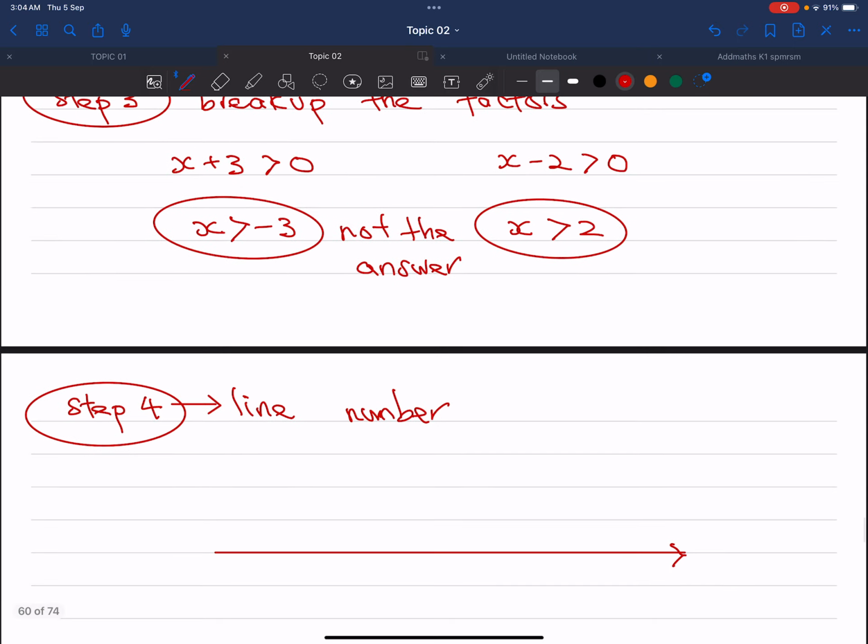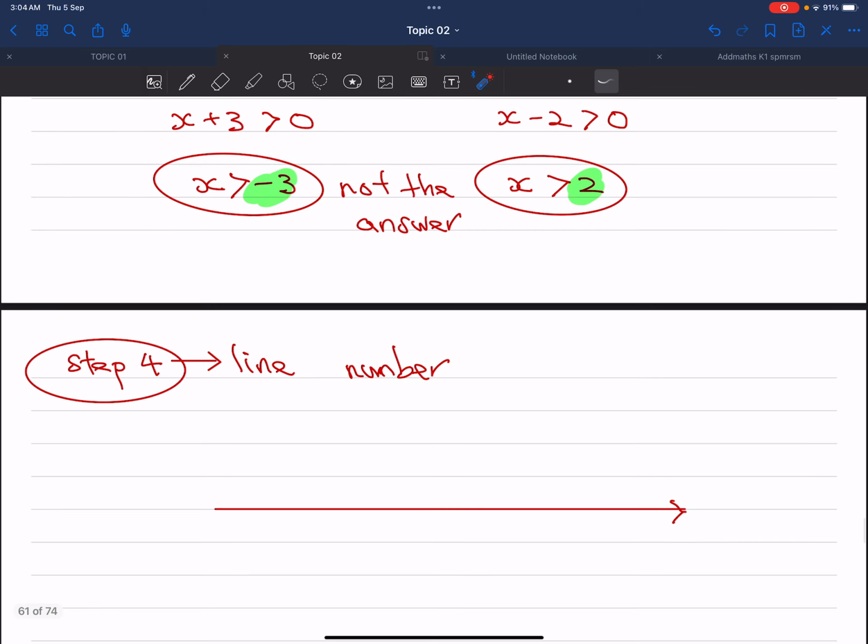We will take negative 3 and 2 and put inside the line number. Between the negative 3 and 2, I will take the smaller number, negative 3, put on the left hand side, and the bigger number 2 on the right hand side.